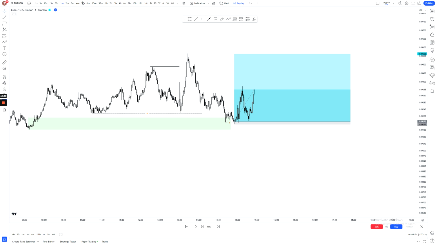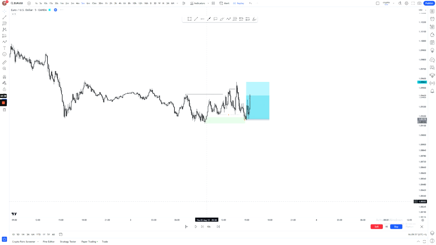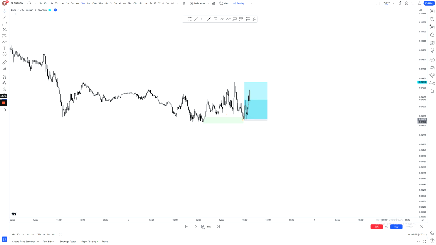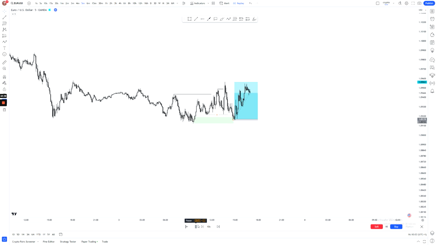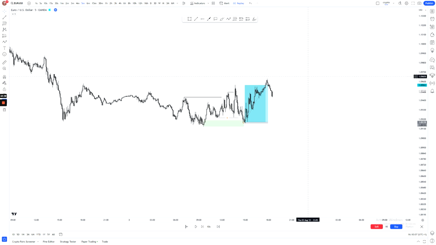I would just let the trade play out. So if we jump to the 5 minute and we just let price play out as it did, like so, and boom, we had a TP. So yeah, news was just shortly after this. I'll play it through.